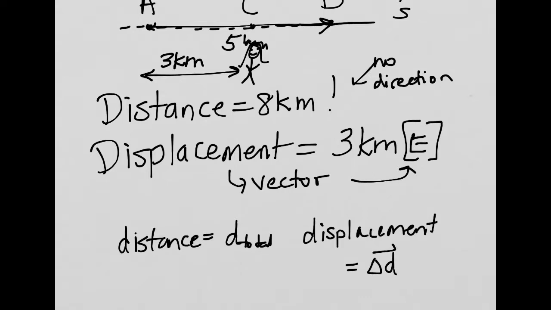The arrow indicates a vector quantity. So whenever you write out displacement or velocity or acceleration and you indicate that it's a vector, you have to include this direction as well as the magnitude or size of the displacement.